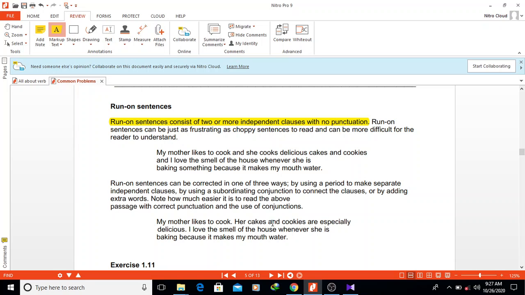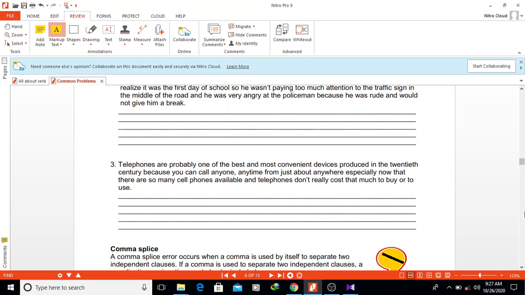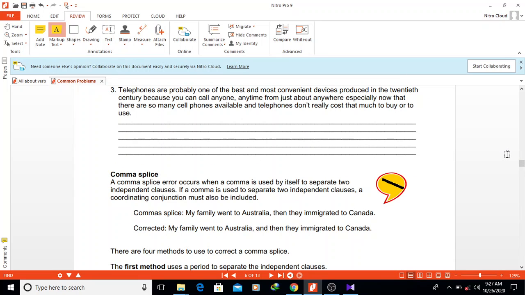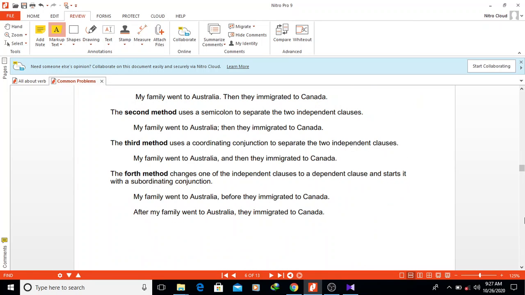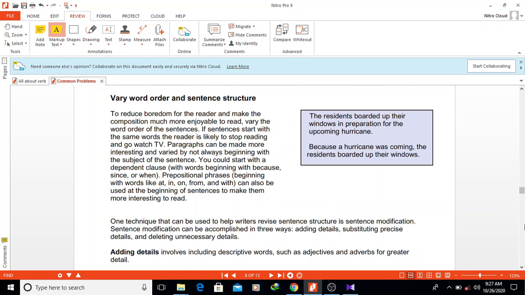Tapi ini dia ubah juga, jadi fokusnya bukan ke she cooks-nya, tapi the focus adalah apa yang sudah jadi. Okay, so her cakes and cookies are especially delicious. So that's run-on sentence. The next one is comma splice, kayak tadi. So it's berkaitan sama yang tadi ya. So it's related to the previous one. Silakan dibaca aja untuk yang itu.